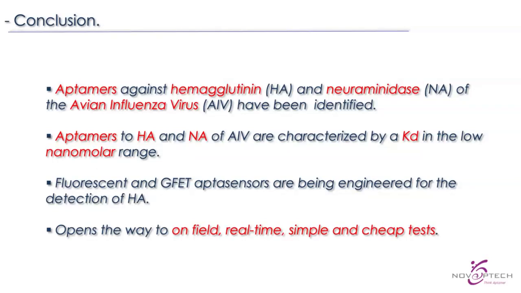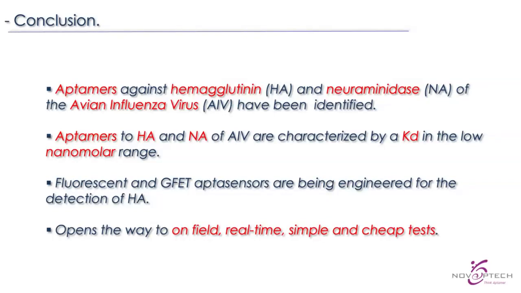Now we are developing aptasensors, taking advantage of fluorescence emission and field effect transistor signal for the detection of the virus. This opens the way to sensors that could be used in the field by non-trained people.